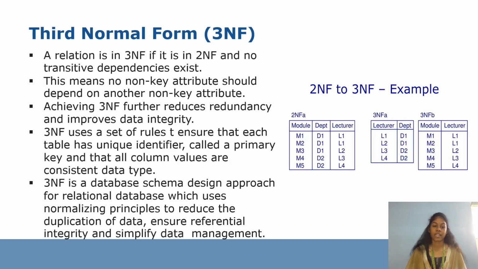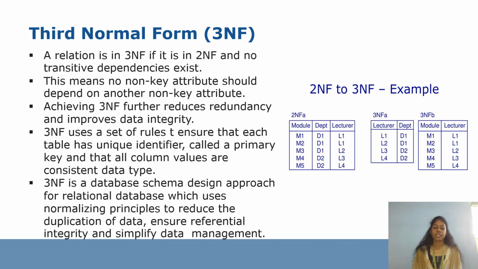Third normal form. A relation is in 3NF if it is in 2NF and no transitive dependencies exist. This means no non-key attribute should depend on another non-key attribute. Achieving 3NF further reduces redundancy and improves data integrity. 3NF uses a set of rules.